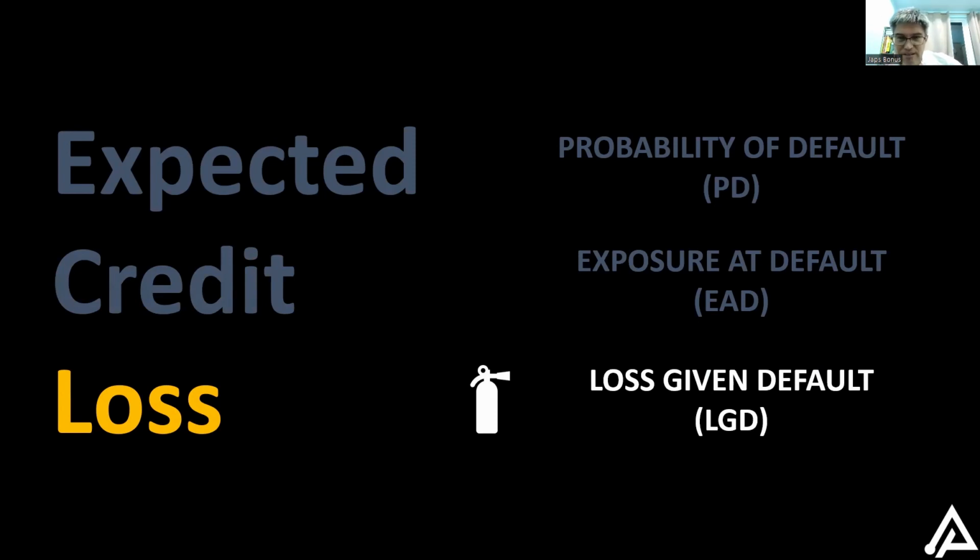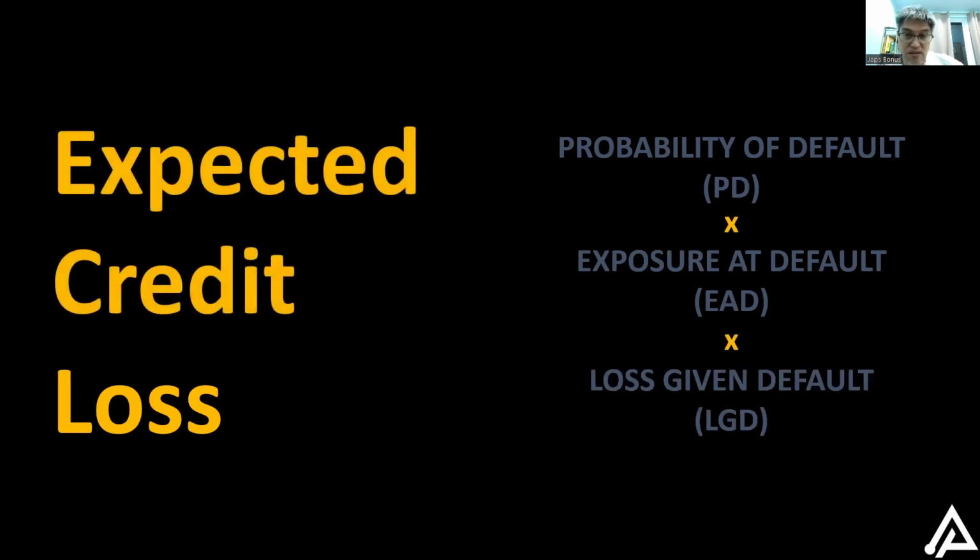So expected credit loss is actually a combination of probability of default, the likelihood that the company will not be able to honor its obligations, exposure at default. How much is the total amount of money at risk? And loss given default. The proportion of that exposure at default that is highly likely to be lost in the event of a default. Their product is the expected credit loss impairment under IFRS 9.